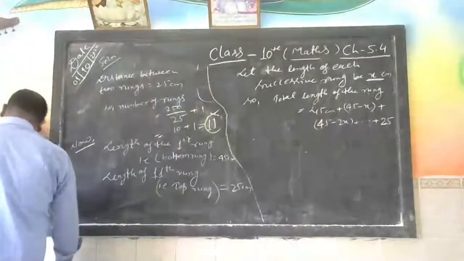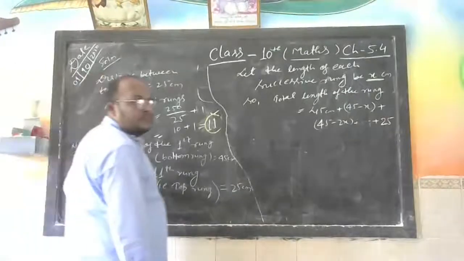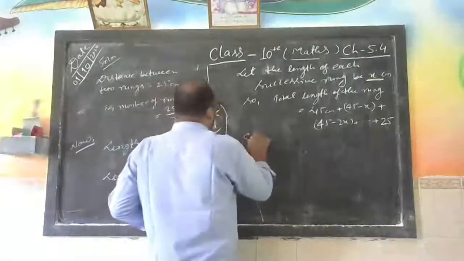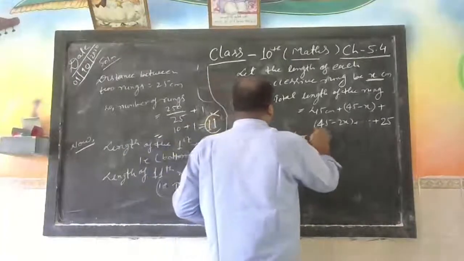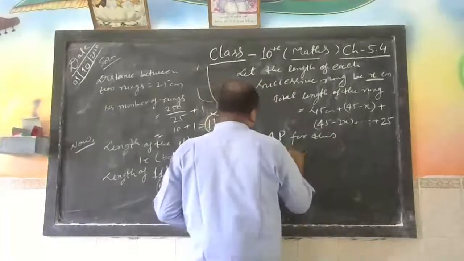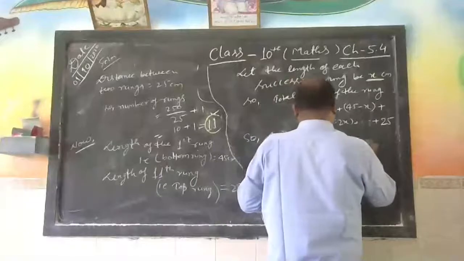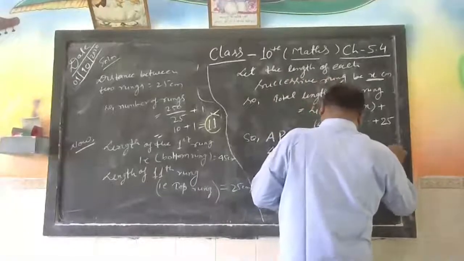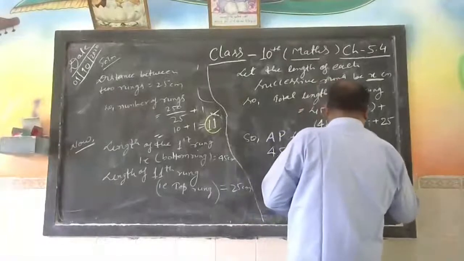So the arithmetic progression for this is 45, 45 minus x, 45 minus 2x, up to 25. Clear?